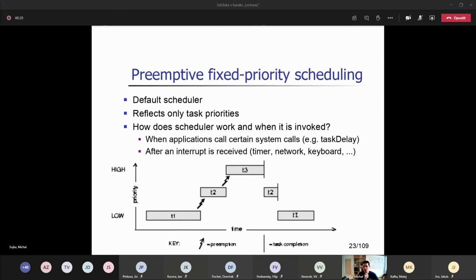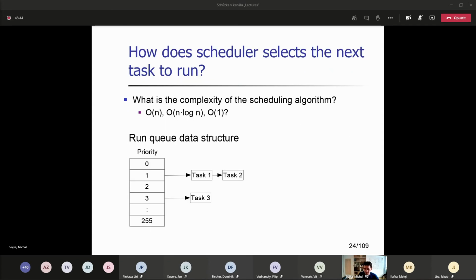Okay, so this is the basic principle of the scheduler, and I think it's useful to understand a bit how such a preemptive fixed priority scheduler is implemented. One way to implement such a scheduler is via a priority queue data structure.